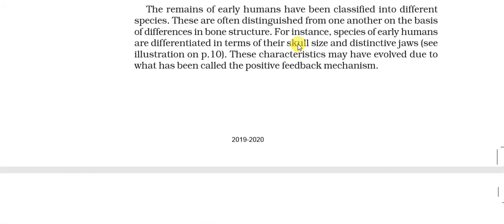And the last thing that we have to remember here is a point which shows how one species is different from another. If I say distinguish between apes and human beings, how are they different? They are different on the basis of bone structure, body. Say for example, species of early humans are different according to their skull size and distinctive jaws.